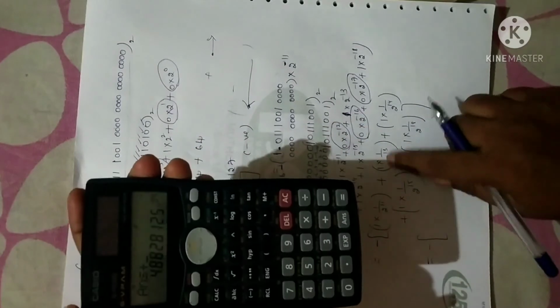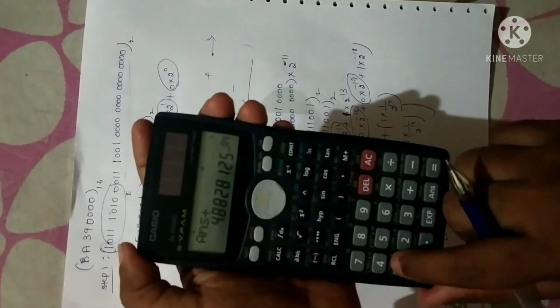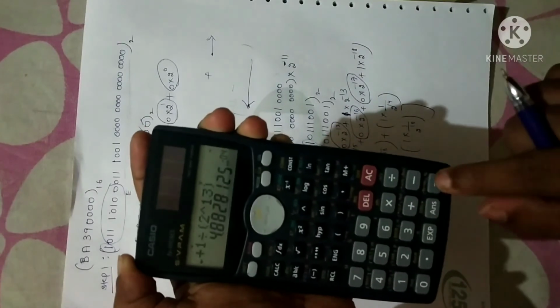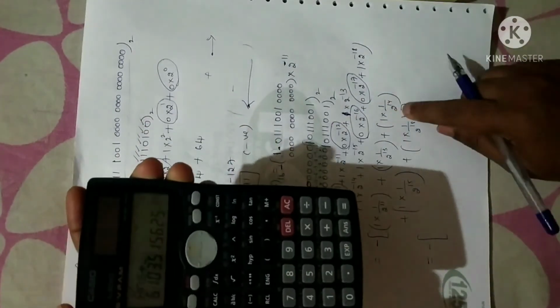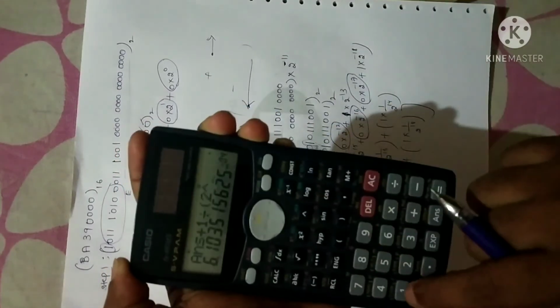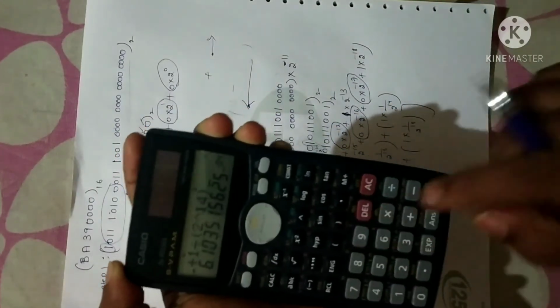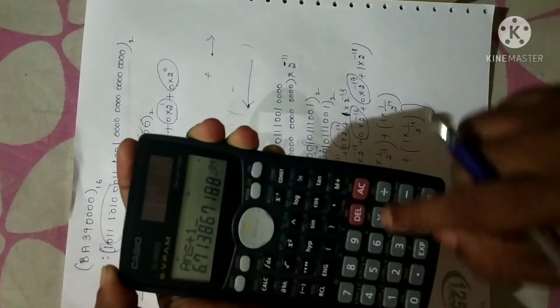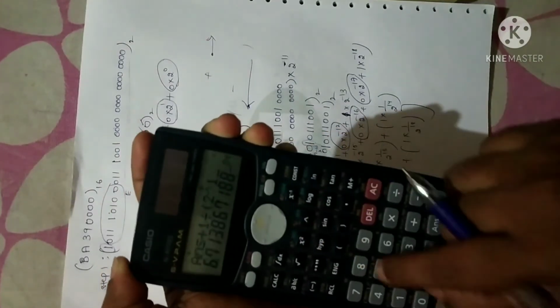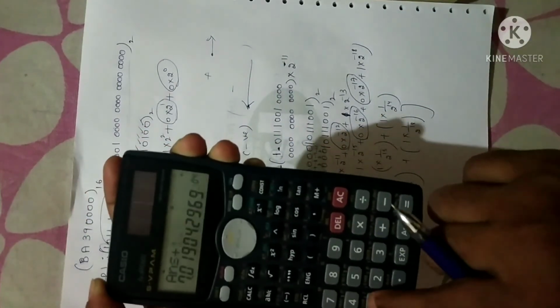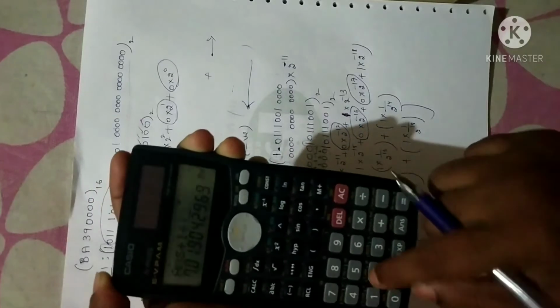Plus 1 divided by 2 power of 13, next plus 1 divided by 2 power of 14, plus 1 divided by 2 power of 15, plus 1 divided by 2 power of 18.